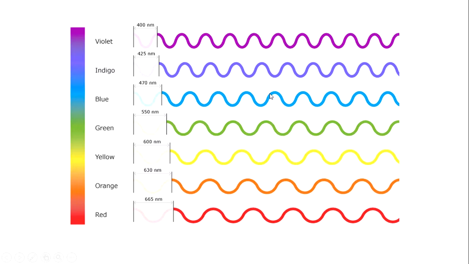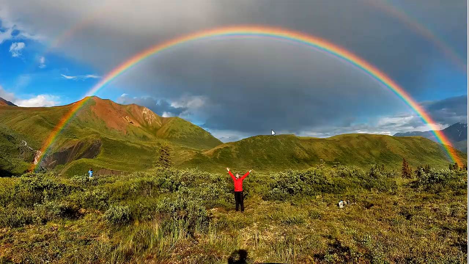So white light is made up of these different colors. Different wavelengths of light will reflect and refract at different angles. This explains why white light that is reflected by raindrops in the sky is spread out into a rainbow.